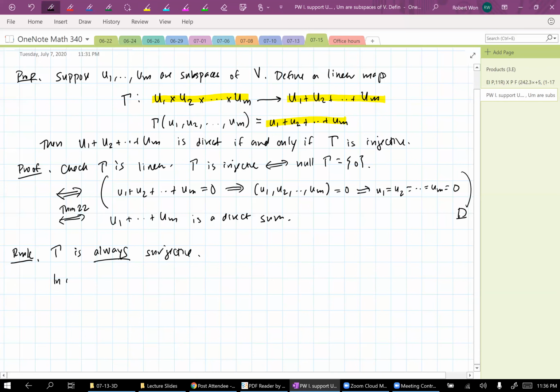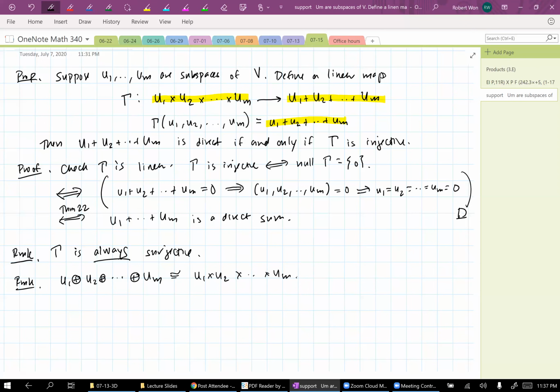In other words, if you actually have a direct sum, this will be isomorphic to the product as vector spaces, where the map is given by, in this case, the inverse of gamma. I probably should have written this the other way around. Okay.